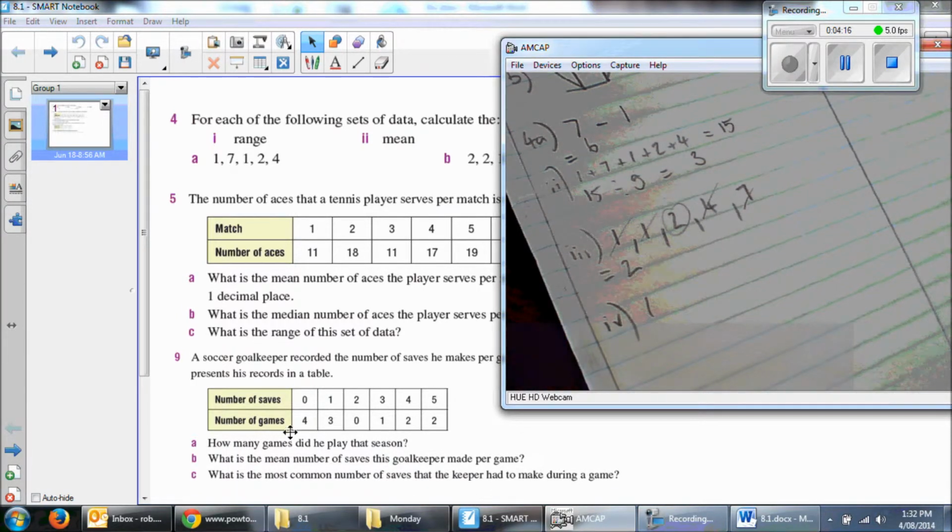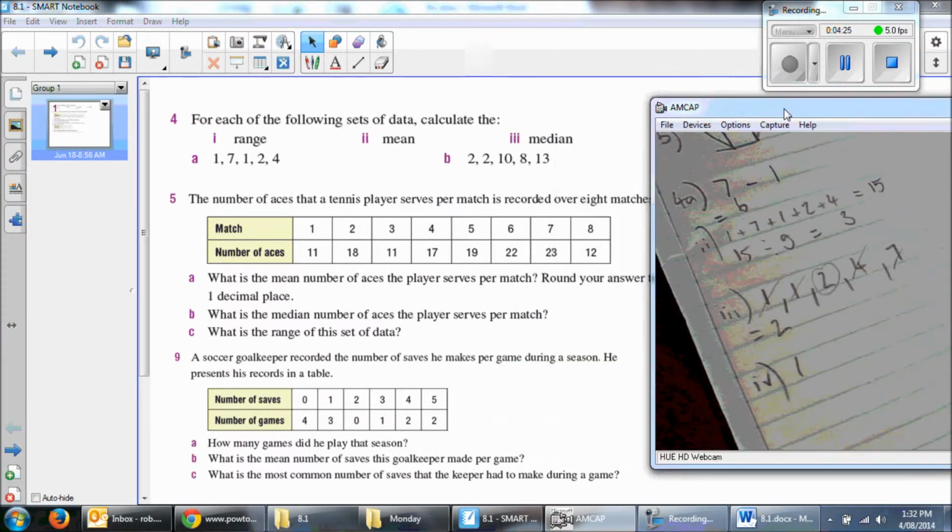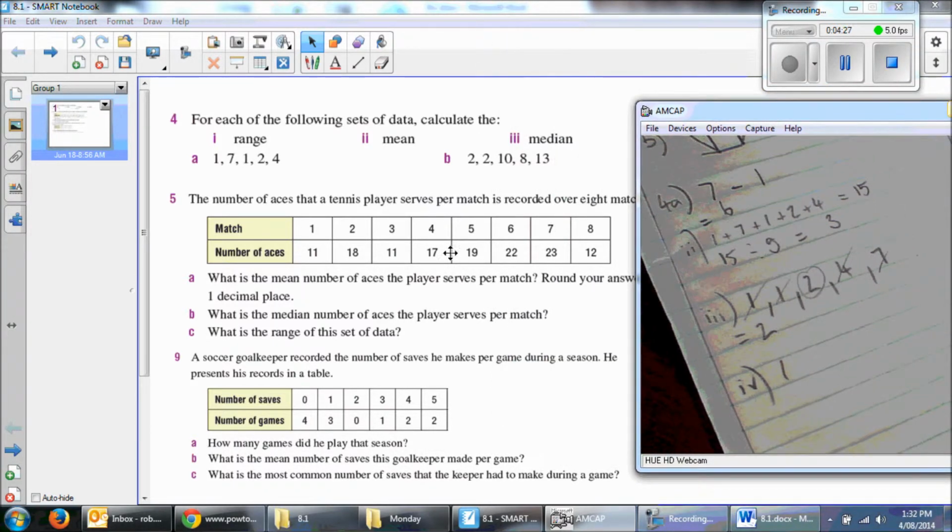Here we've got number of games: 4, 3, 0, 1, 2, 1, and then he's got his saves above it. Oh no, sorry, this is one total season. On the top, we've got how many games he made 0 saves in. He made 4 games where he didn't make any saves at all.